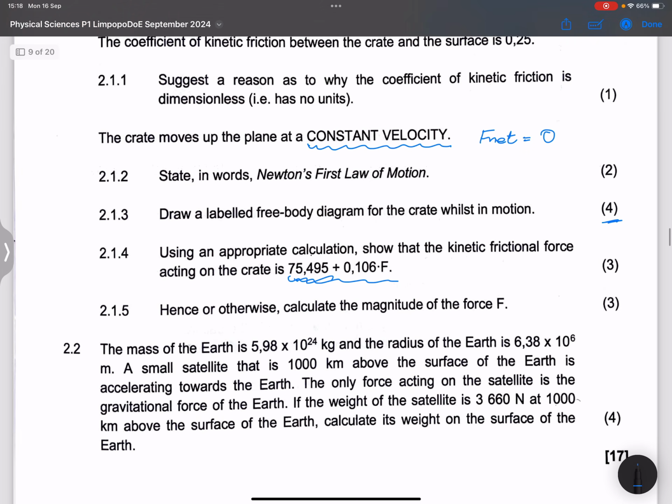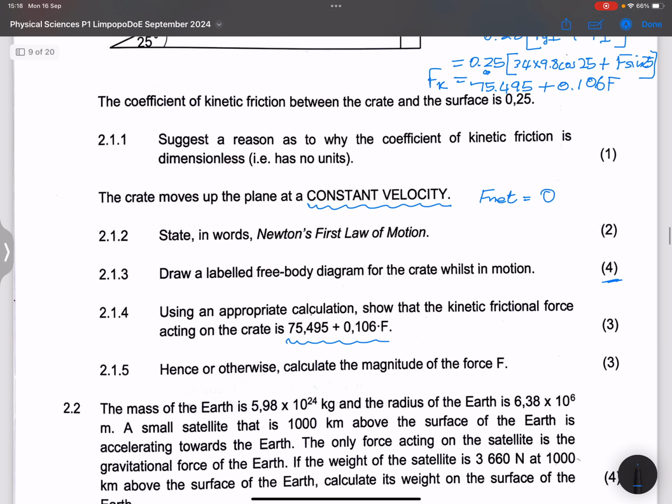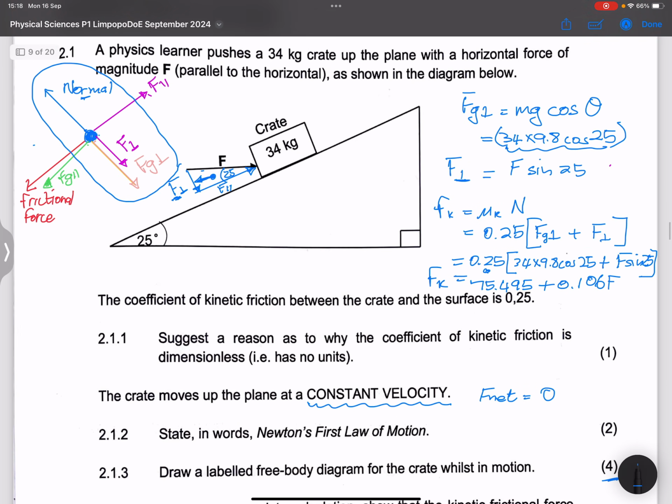Right, and then they say to us, hence or otherwise, calculate the magnitude of force F. Now that we know that the frictional force is that value there, what other force is acting here? Remember, now we are looking at the forces that are actually acting parallel to the incline. And we know the sum of those forces is equal to 0, right?